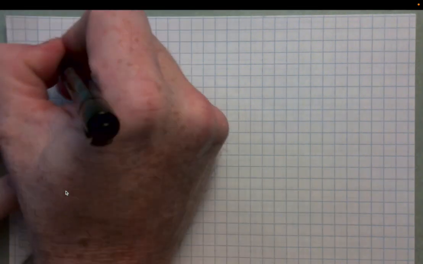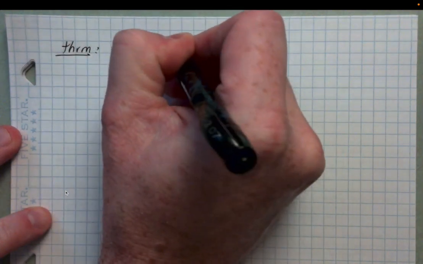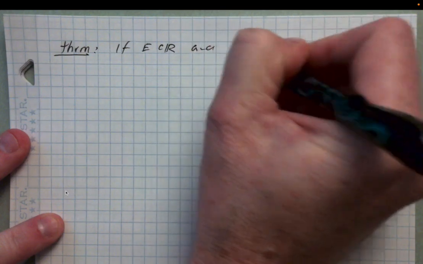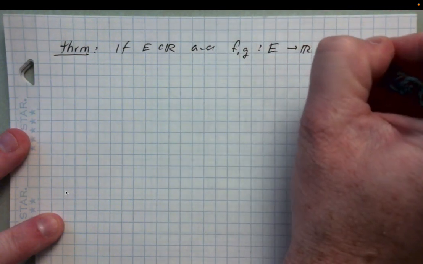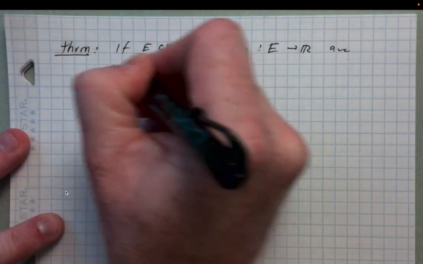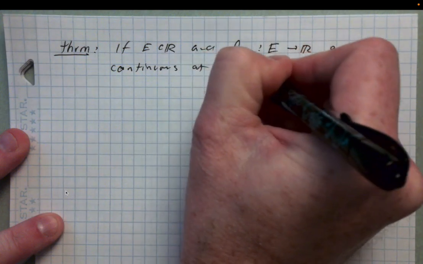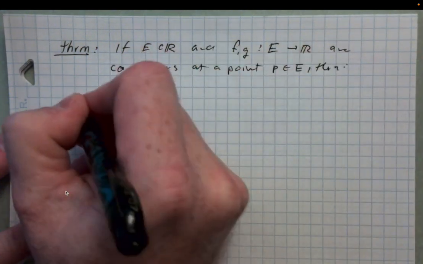Very good. Let's take a look at a theorem. This is going to be one that we've seen from calculus, but maybe we'll take a look at it again. If E is a subset of the real numbers, and f and g are functions from E to R, and they are continuous at a point p in E, then we have the following.